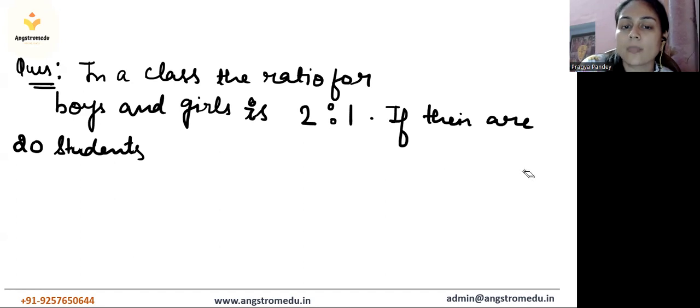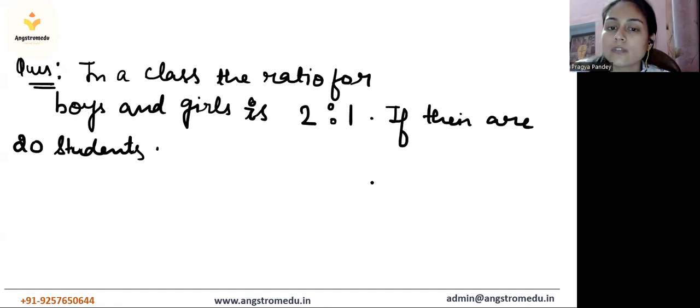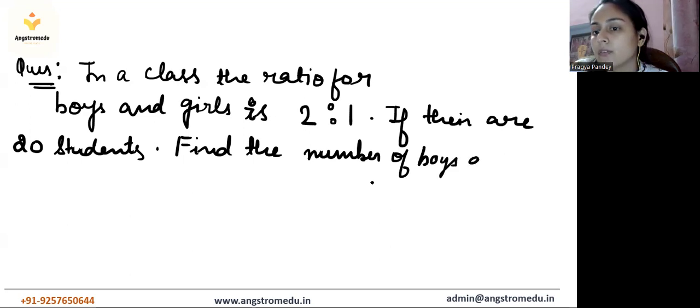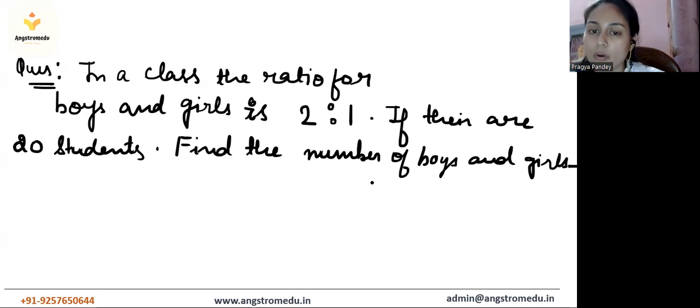They are saying that the ratio is given to us, for boys and girls, and the total number of students is given to us. And now they're asking you to find the number of boys and girls. All right, this is your question.